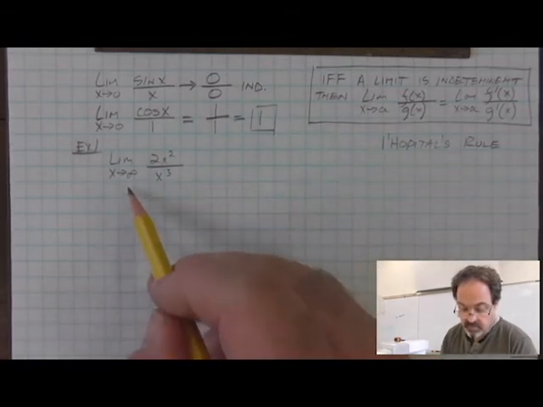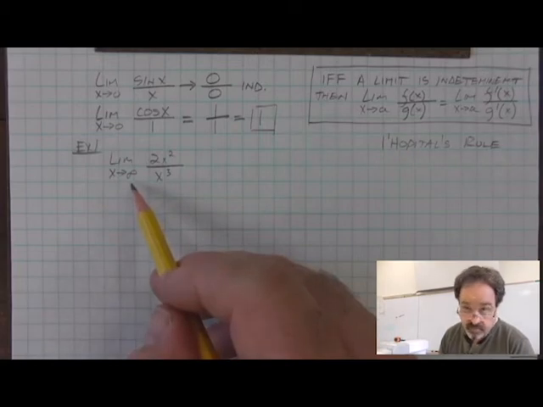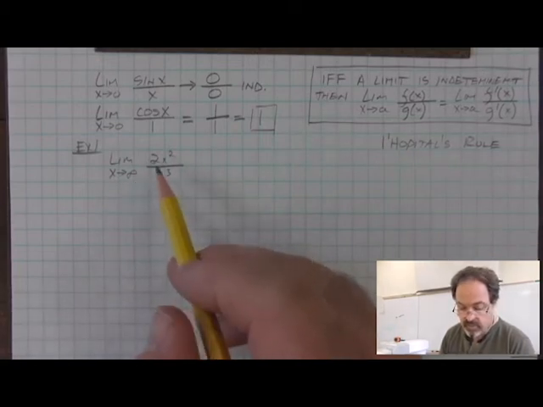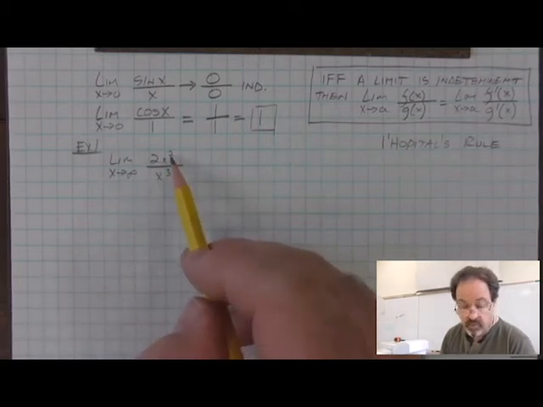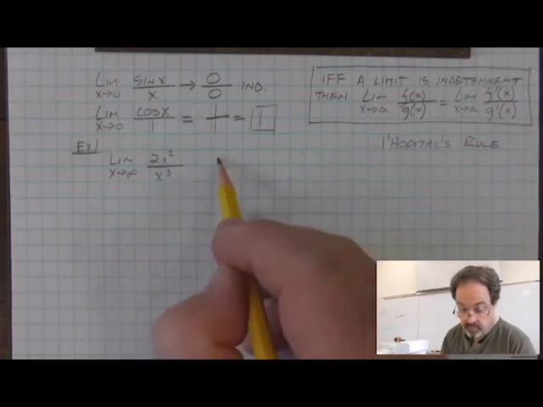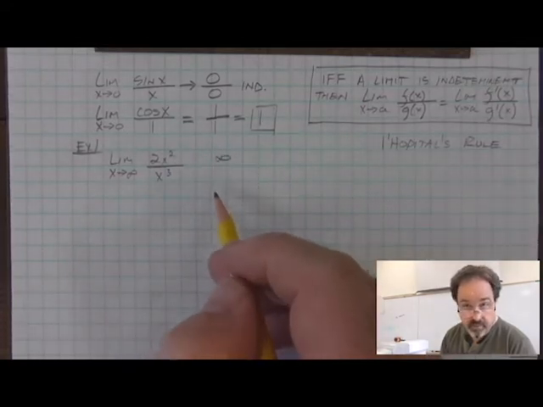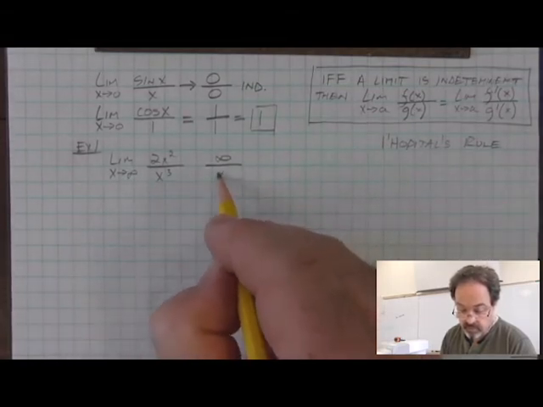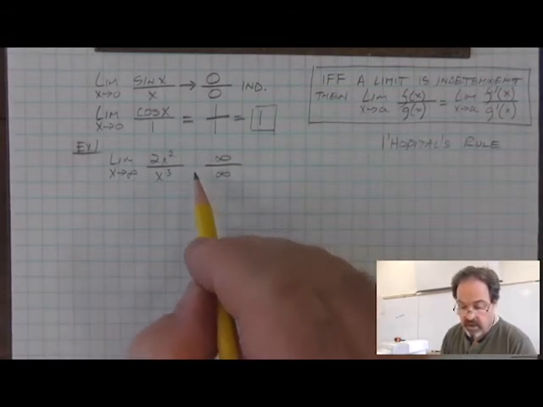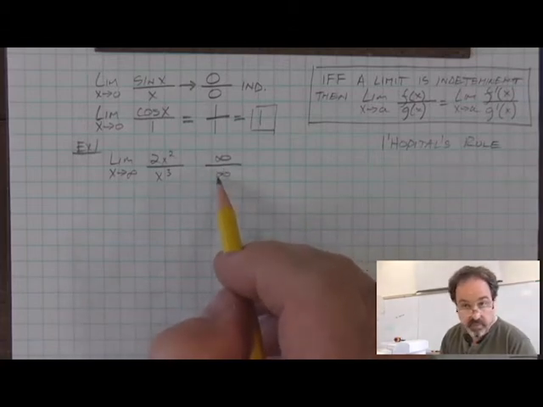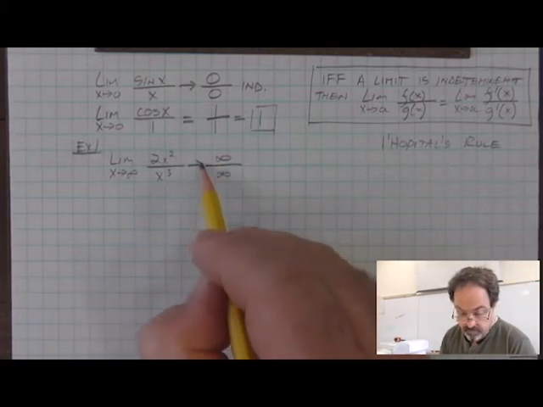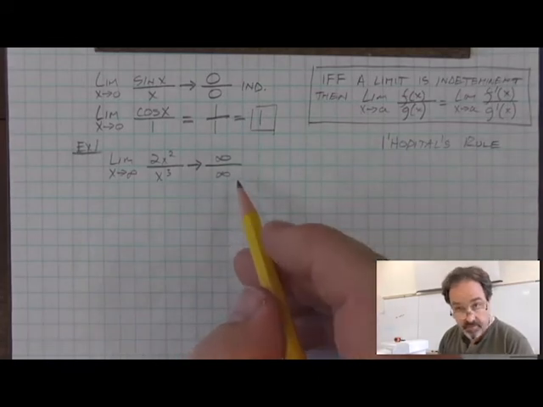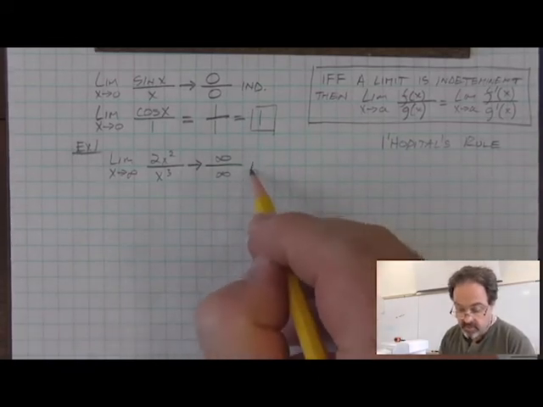When I do, I substitute in, well, infinity is not a value, so I'm going to think of 2x squared growing, and we know that the numerator is going to grow to infinity. The denominator is also going to grow to infinity. And we're not equal to infinity over infinity. We're approaching, and the limit hasn't been taken because it's indeterminate.